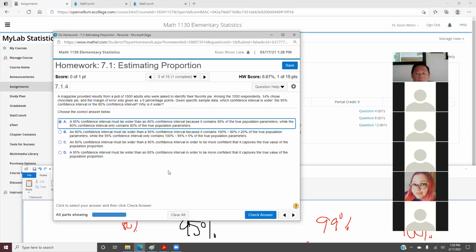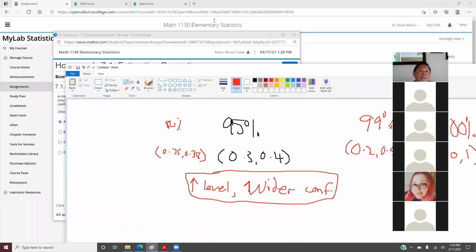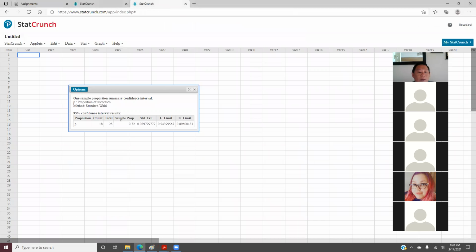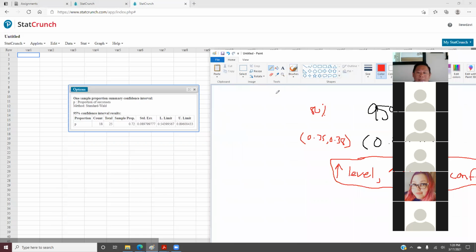Can you explain why 80%? Yep, I can use an example here. So this is what we do for 95%, right? This is an example we use. So at 95%, your confidence interval is 0.544 and 0.896, right?